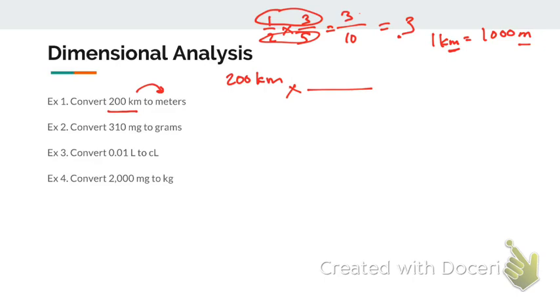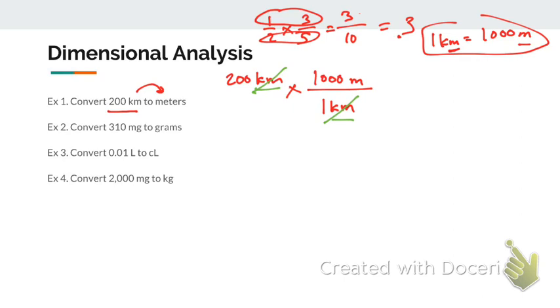Now what I do is I line up this conversion unit either below or above the fraction line. In this case, I'm going to put 1 kilometer below and 1,000 meters above. And so the reason why I put 1 kilometer below is that it cross cancels with the kilometers above.